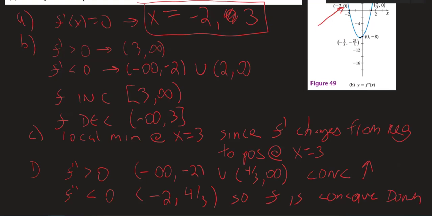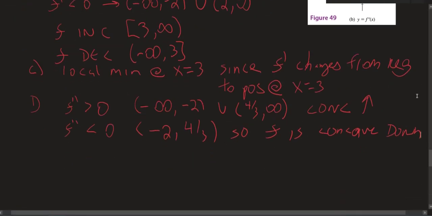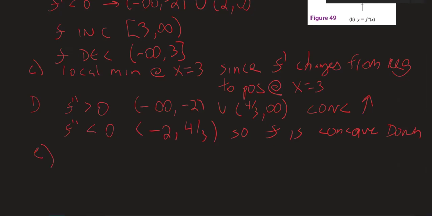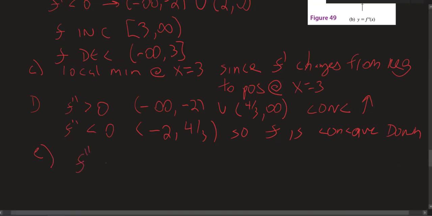And then the last question: list any points of inflection. So E, we have a point of inflection when the second derivative changes sign. Well, the second derivative changes sign at x equals negative 2 and x equals positive 4/3. So f double prime changes sign at x equals negative 2 and 4/3.